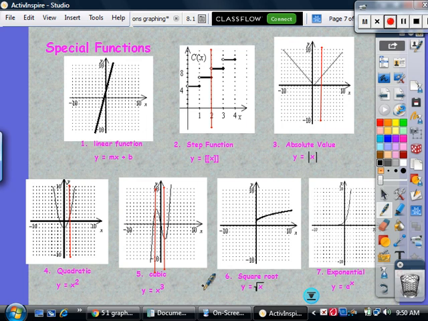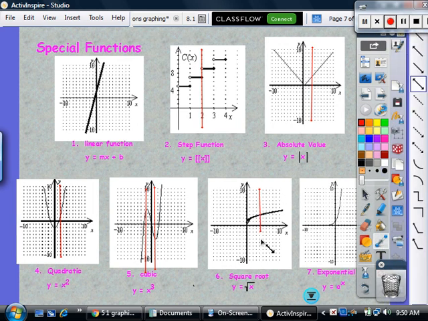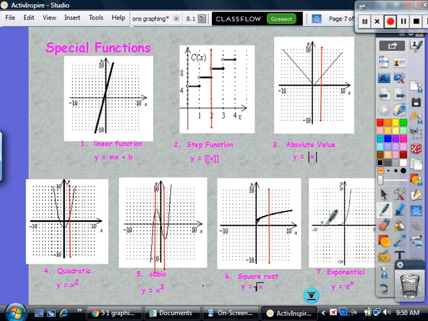And then this is the square root function. Just start down there really at the origin. It kind of looks a little messed up. But if I did the vertical line test on there, still, even though it's not linear, it still passes the vertical line test, and it's still a function. And then this one is an exponential curve. What it does is it approaches the x-axis.